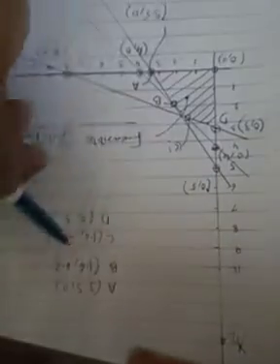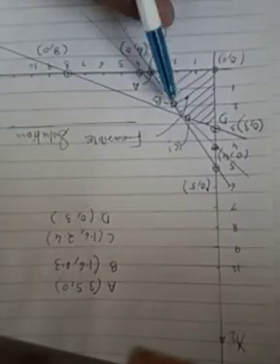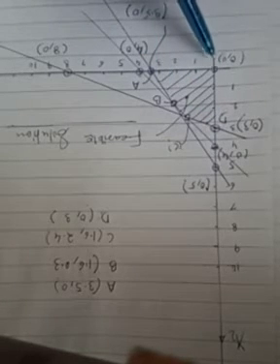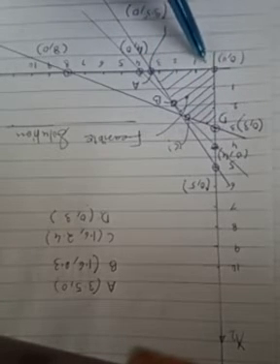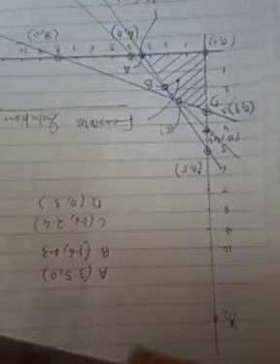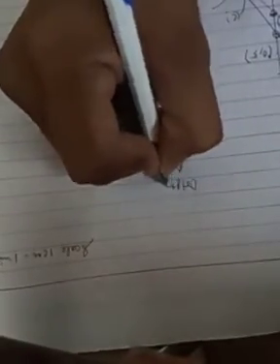Okay, so these are the 4 corner points on the shaded region. This one, this one, this one, and this one. A, B, C, D. So the origin point we are neglecting over here, because if you put x1, x2 as 0, ultimately z becomes 0. So our objective is not to get z as 0. That's why we are ignoring the origin 0, 0.